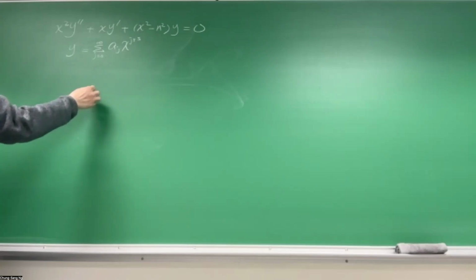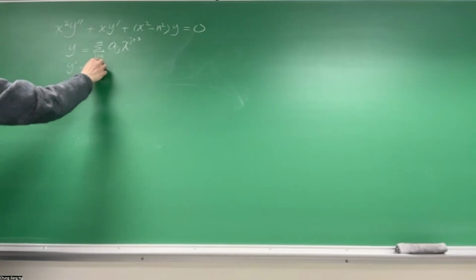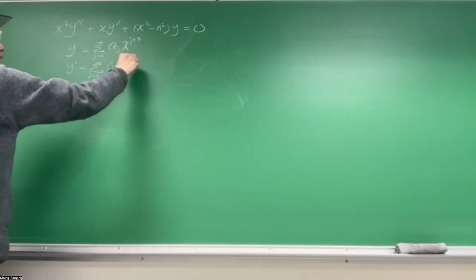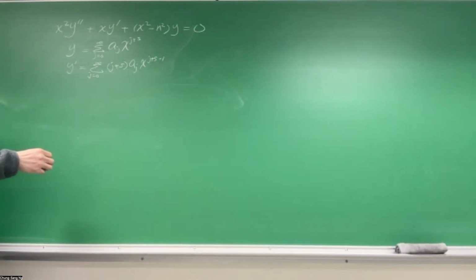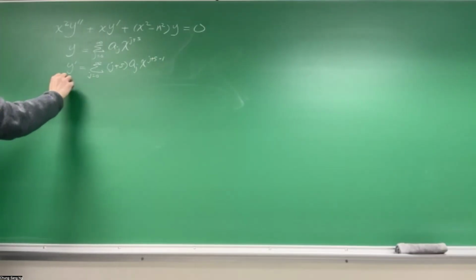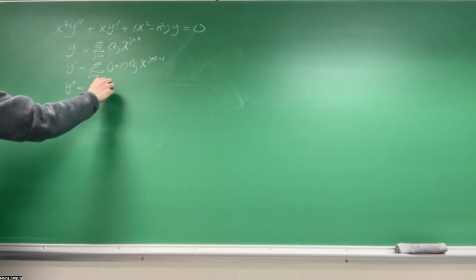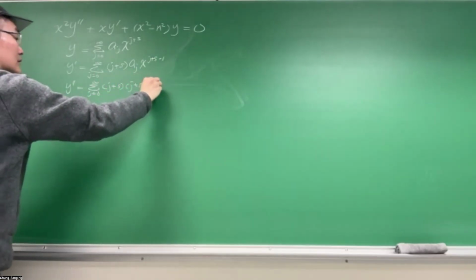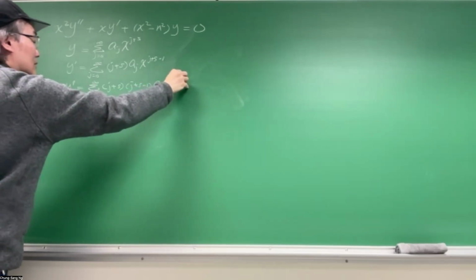Right, so now we can get the derivative first. y prime is the sum over j of (j plus s) a sub j x to the j plus s minus 1. That's straightforward. And y double prime is the sum over j, do it one more time, (j plus s)(j plus s minus 1) a sub j x to the j plus s minus 2.